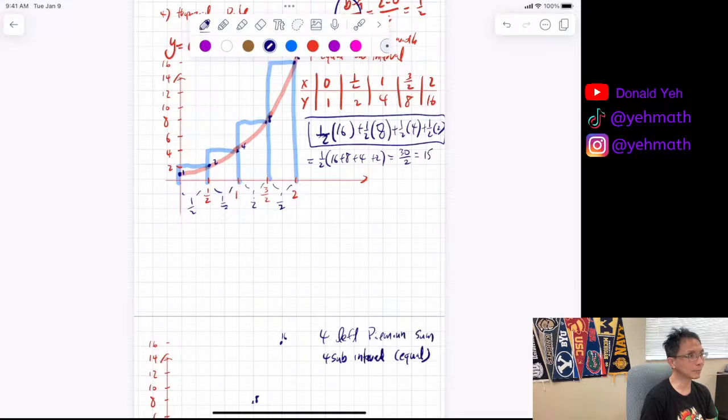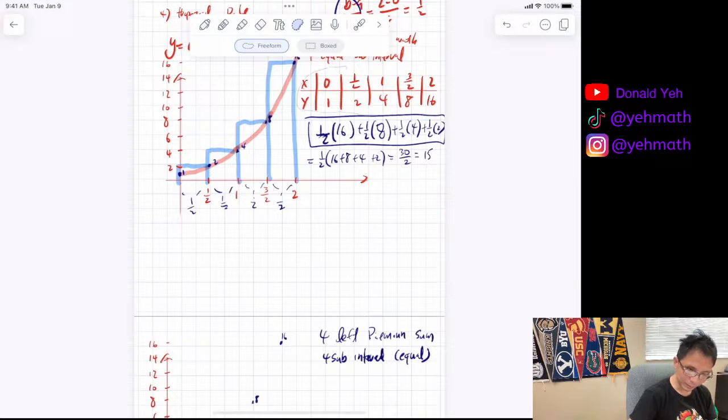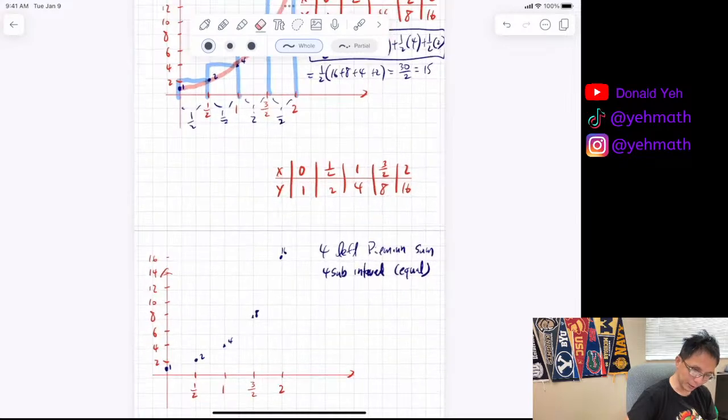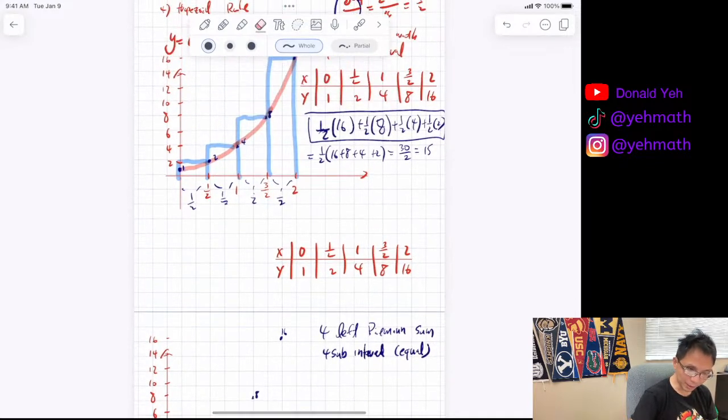You got it done? So remember the first time, I can copy and paste here. The first time I used the 4 rightmost values, so it'd be 16, 8, 4, and 2.